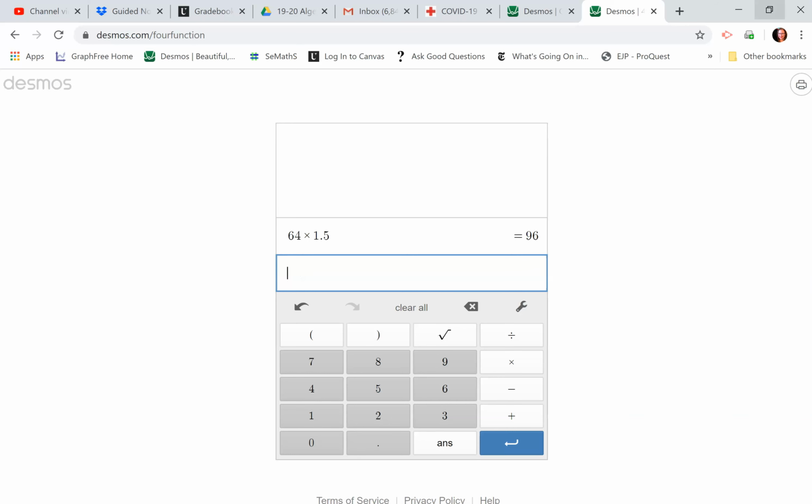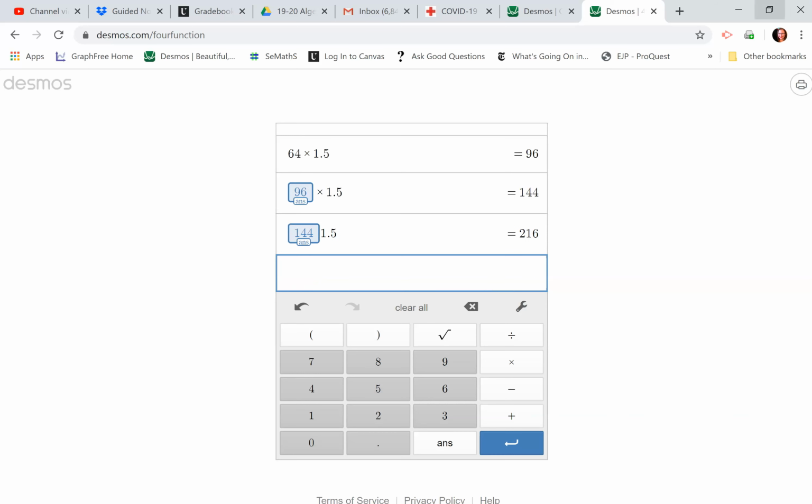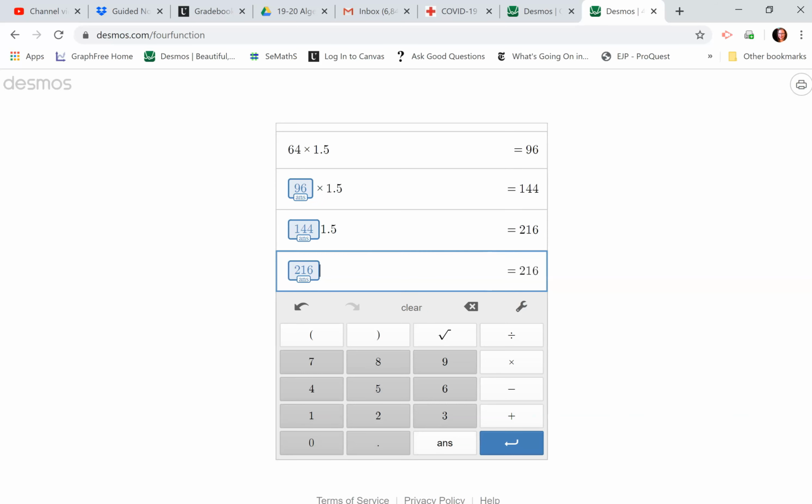And so we get 96 for the first one. And then we're going to take our answer and multiply it by 1.5. And we're just going to keep doing that. They asked us for the 5th, so that's your 3rd birthday. This is your 4th birthday, and then this is your 5th birthday.